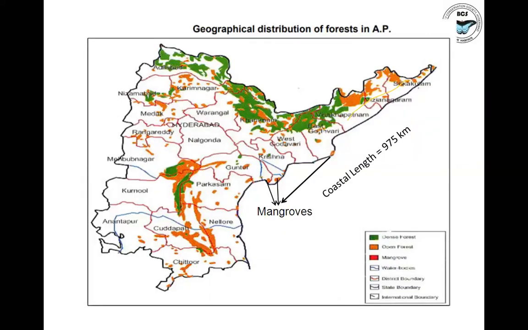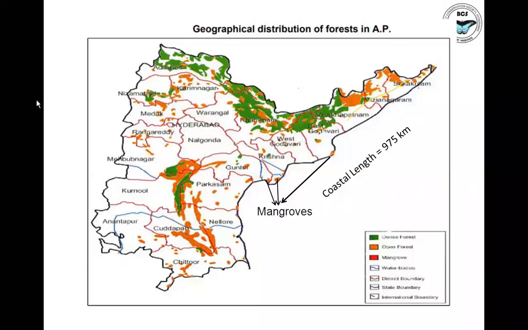Now I am presenting the geographical map of Andhra Pradesh. That is the diversity map of forests. The green ones are dense forest, and the light orange ones are the open forest.